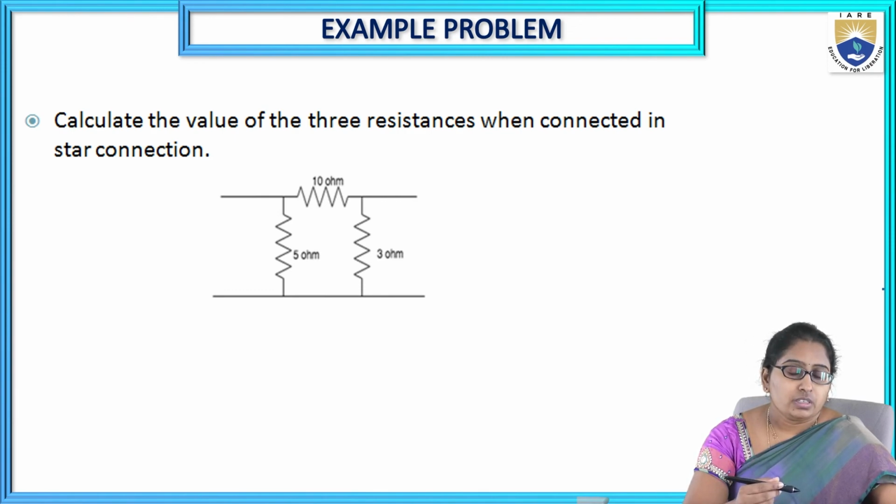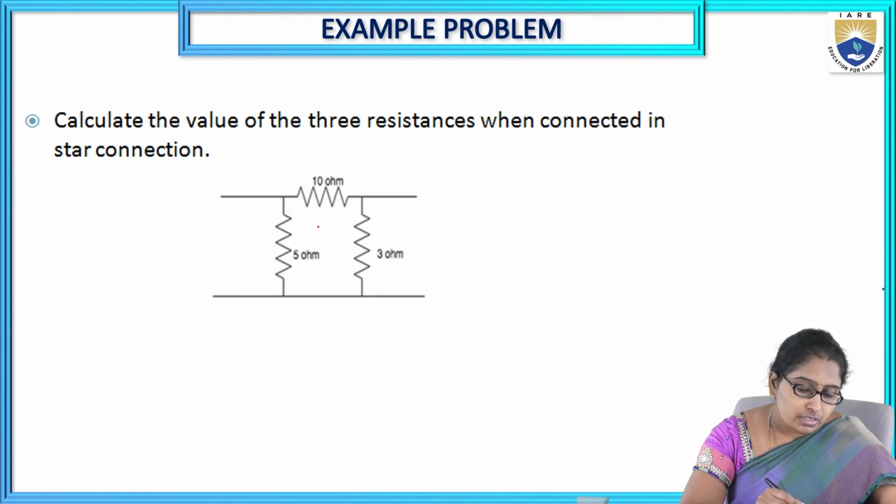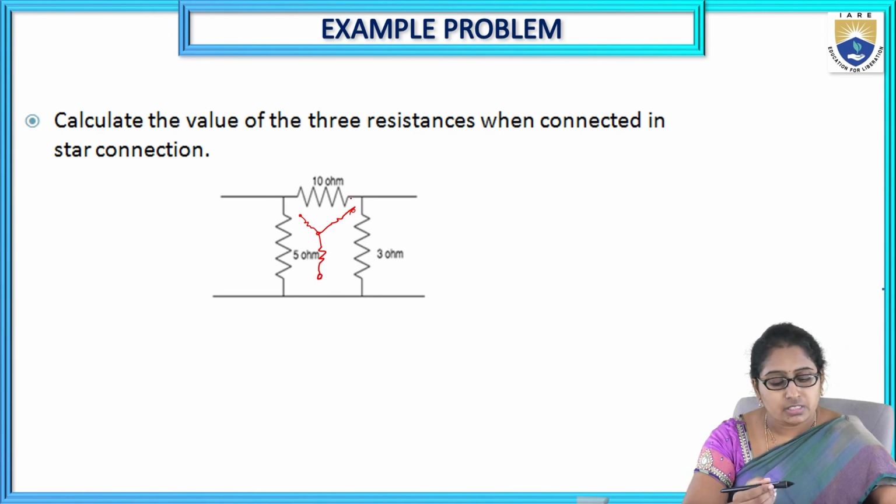Then we proceed. In the question they asked for the star connection elements. If you draw the star network inside the given delta network, it is easier to calculate, right?